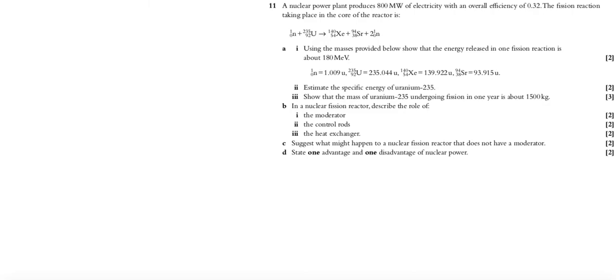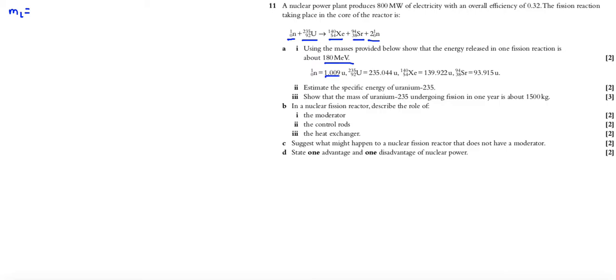We have to prove that energy released in one fission reaction is 180 megaelectronvolts. So this is something like a revision of our nuclear energy topic. We have the equation, the reaction, left part, right part. You have to find the mass of the left, which is 1 neutron plus 1 uranium. Masses are given here.